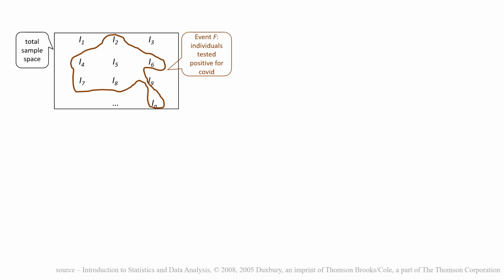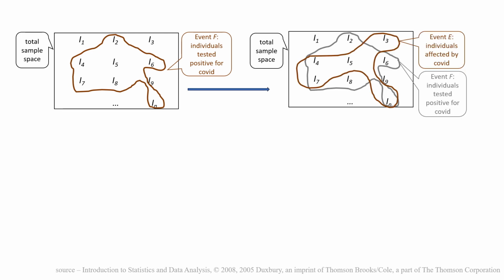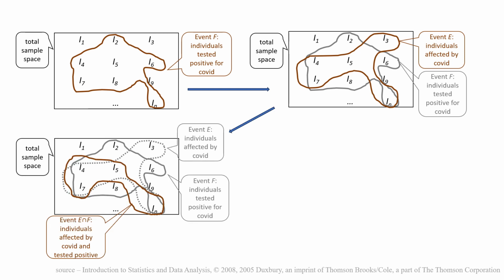Illustrations for what we discussed so far. Event F comprises individuals that are tested positive, as a subset of the total sample space. Event E comprises individuals that are actually affected by COVID, illustrated superimposed on event F. Event E intersection F comprises individuals that are actually affected by COVID and also tested positive.